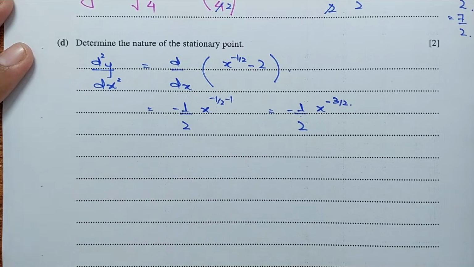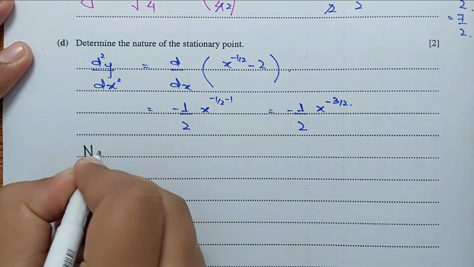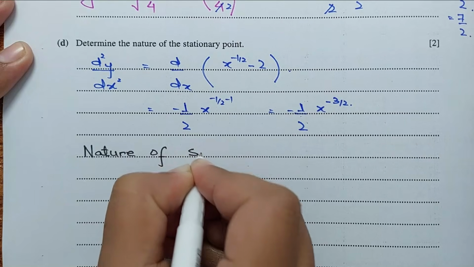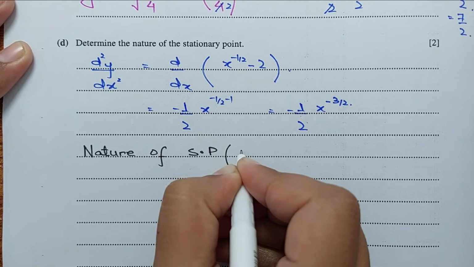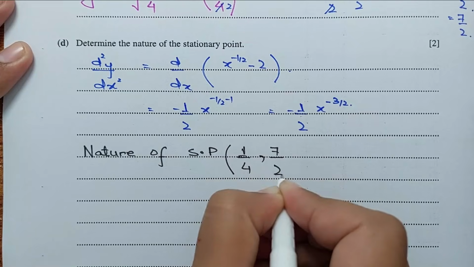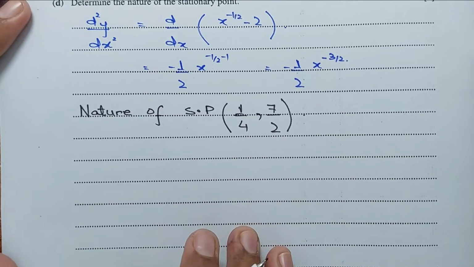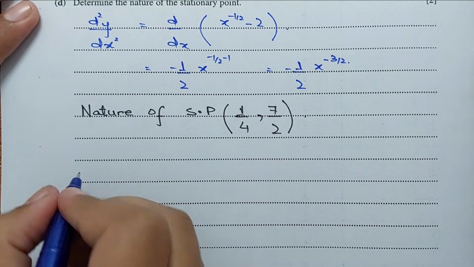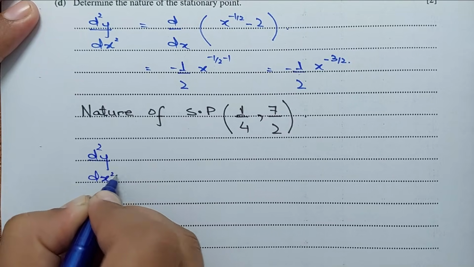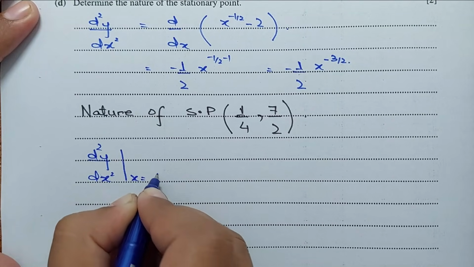So now for the nature of the stationary point, which is 1 over 4 and 7 by 2, we need to plug the stationary point into the second derivative and find out the nature. d2y over dx square at x equals 1 by 4.